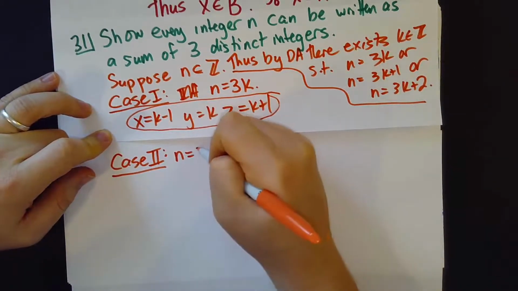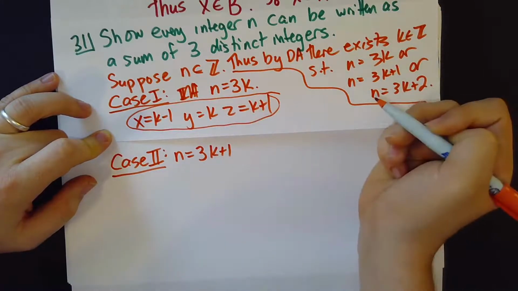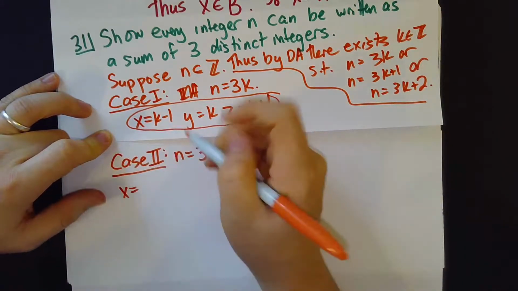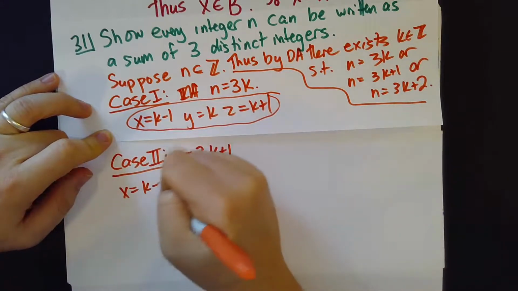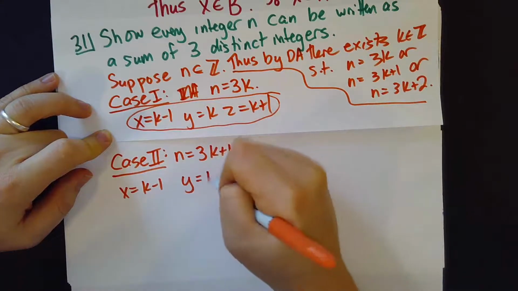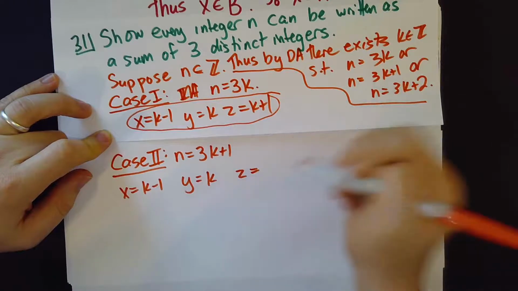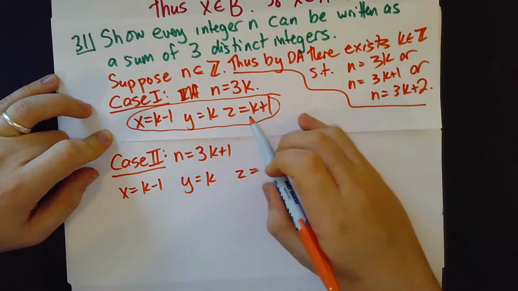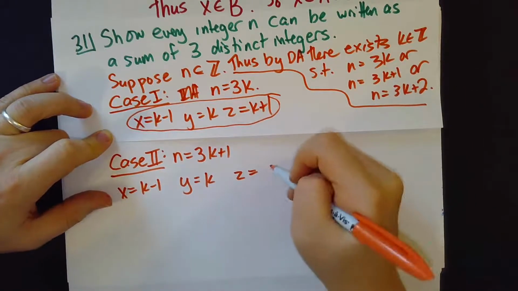And so what do I do if n is 3k plus 1? Well, then I modify this slightly. Namely, instead of taking z to be k plus 1, I'm going to take z to be k plus 2.